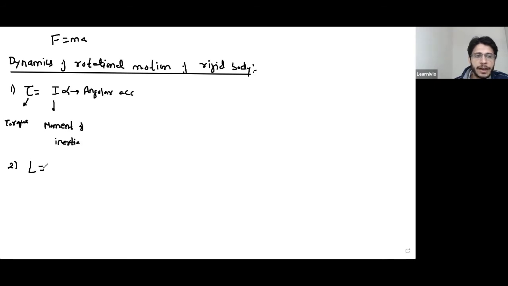In the same way, angular momentum is I into omega, where L is angular momentum, I is moment of inertia, omega is angular velocity.